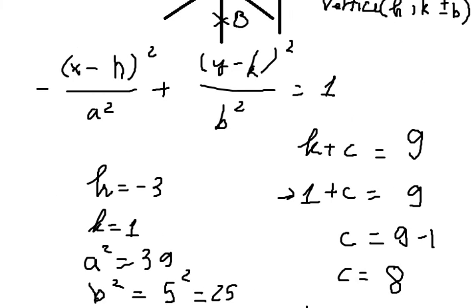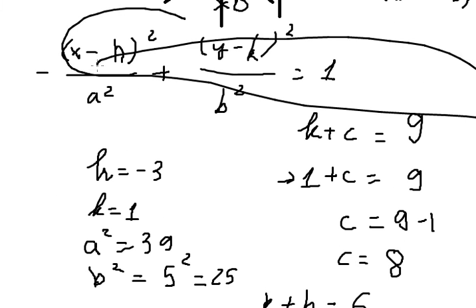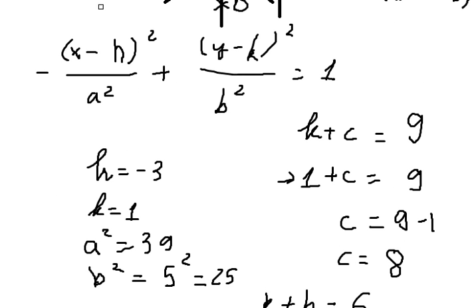And now we put all the numbers in here. So for this one, negative 3 with negative in here, you get positive 3. a squared, you get 39. k is 1. b squared, you have 25.